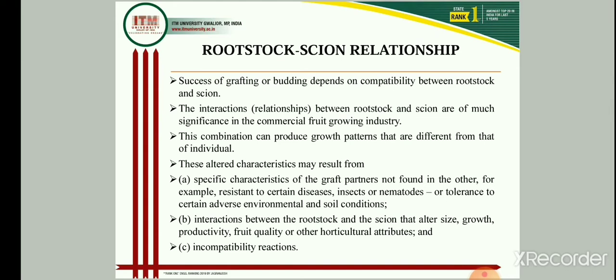Scion is that part of a graft union which grows into a shoot system, while rootstock is the component of the graft union which develops as a root system.